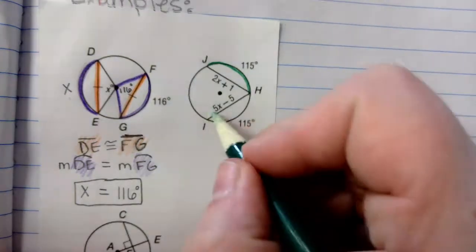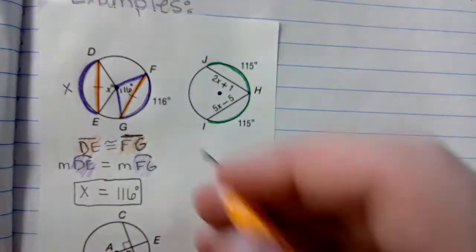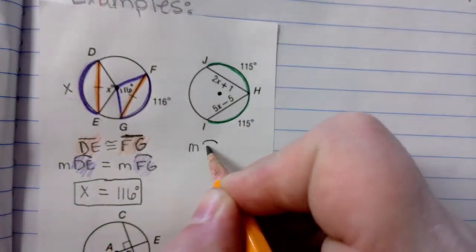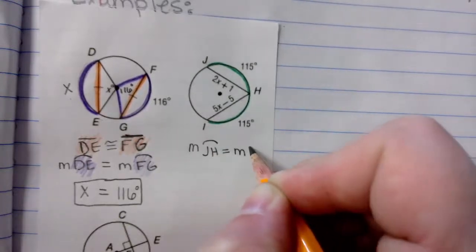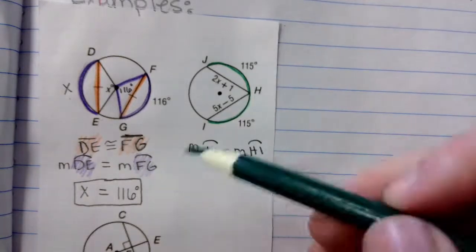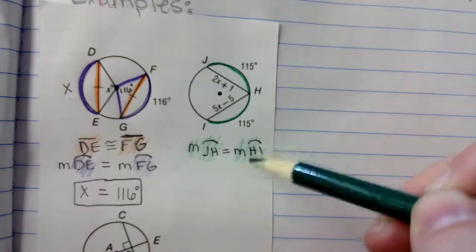Alright, so if I want to solve for x in this one I have to put a little bit more work in because it's not just x. Like this one, it was just x. Makes it easy. This one's a little bit more work. What is JH? That'd be the arc of JH is 115. The segment JH is 2x plus 1.